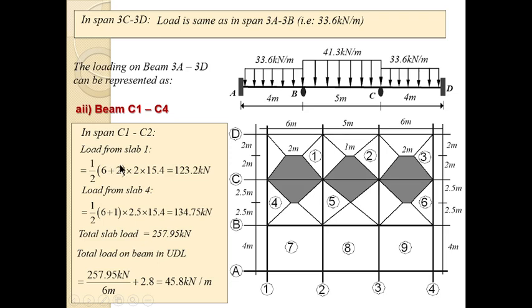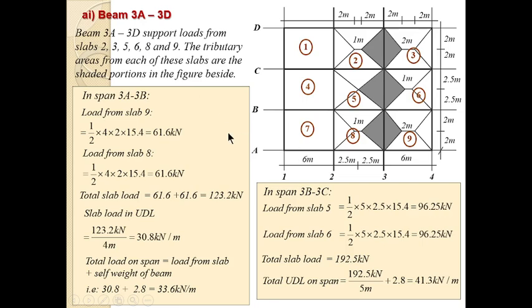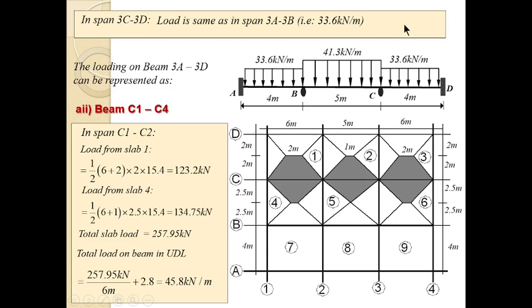So again, we do the same thing in span CD, but know that span 3C, 3D is the same thing as 3A, 3B. So the load on this will be the same as the load there, which was 33.6. That means the load from 3C, 3D is also 33.6 kilonewton. So which is what is written here.